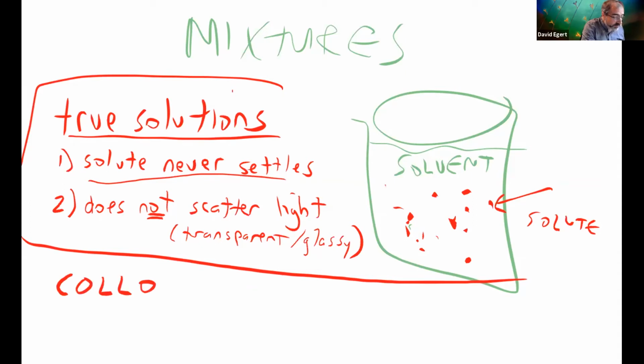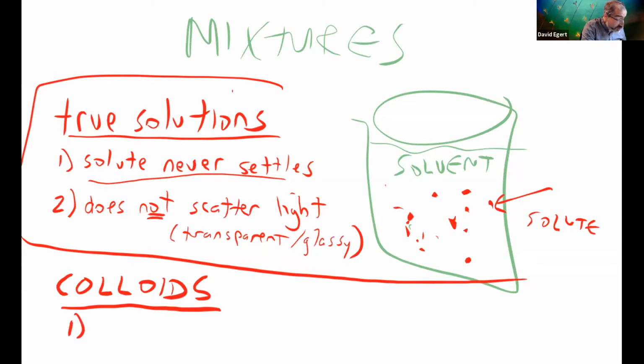Another thing that's going to come up in just a few moments to end our lab are colloids. Colloids are when the solute particles tend to be large, much larger than the ones that make a true solution.